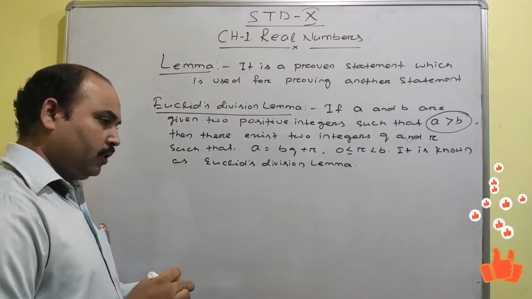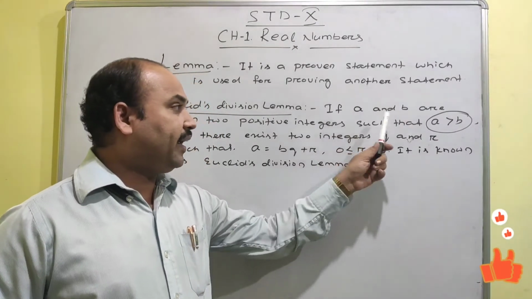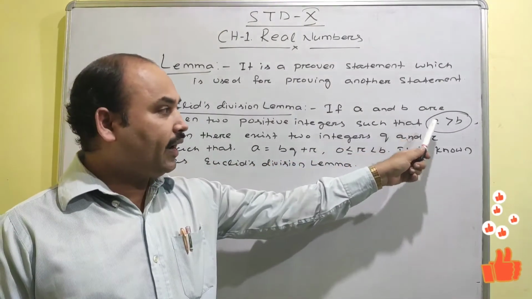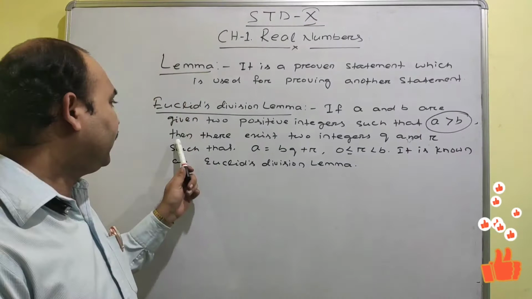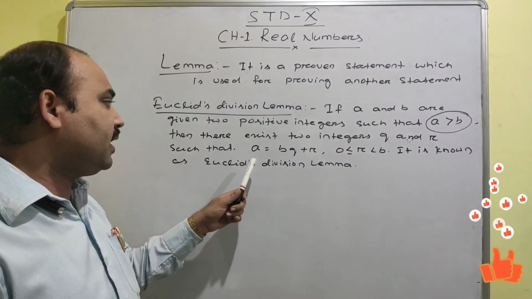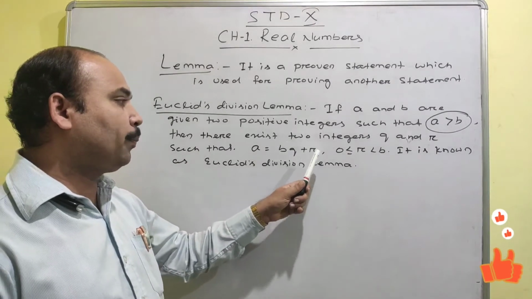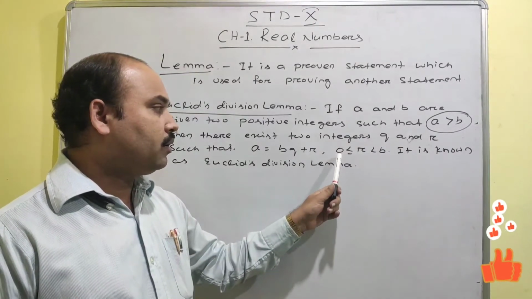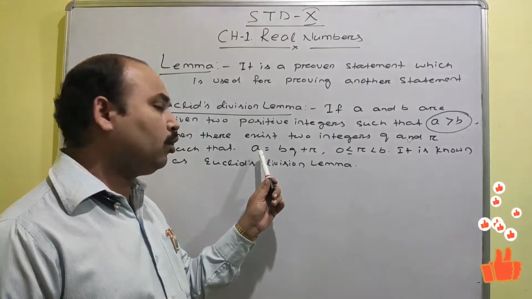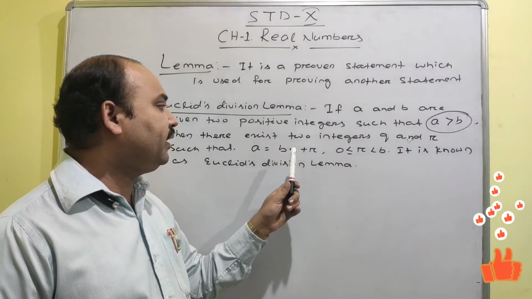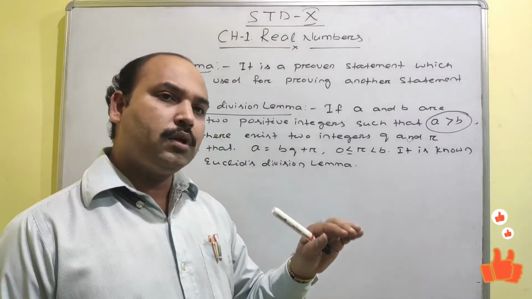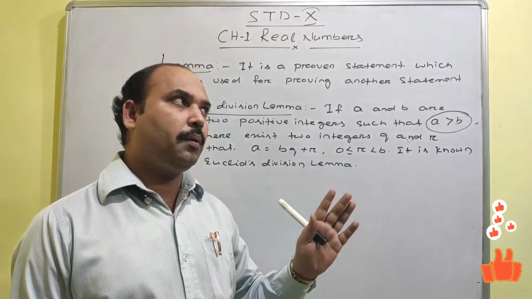Okay, so what we have written here: if a and b are given two positive integers such that a is greater than b, then there exist two integers q and r such that a is equal to bq plus r, where 0 is smaller than or equal to r and smaller than b. So what do we mean here by a, b, q and r? That thing we already read in the small classes, your 5th, 6th classes.